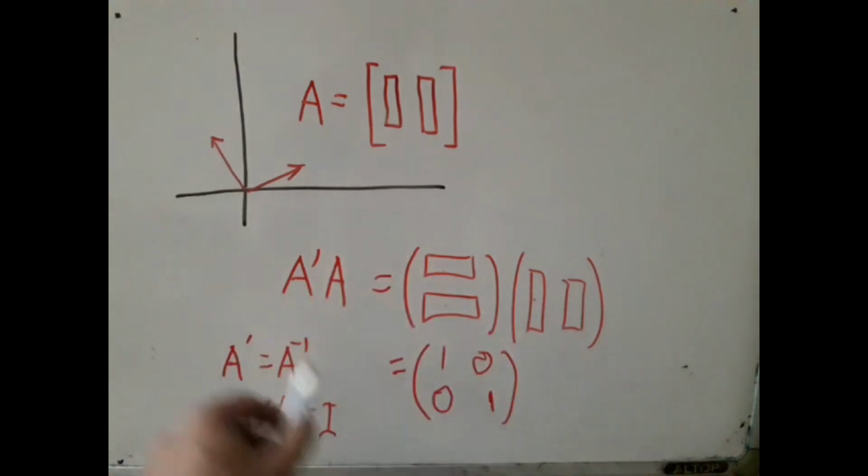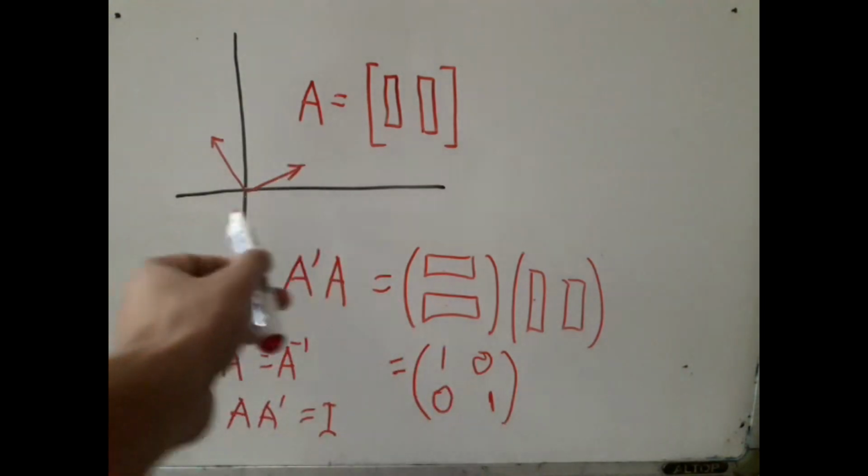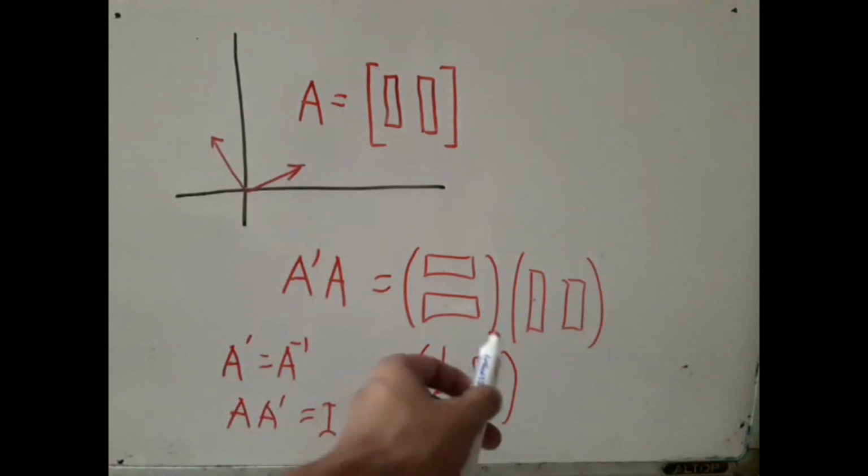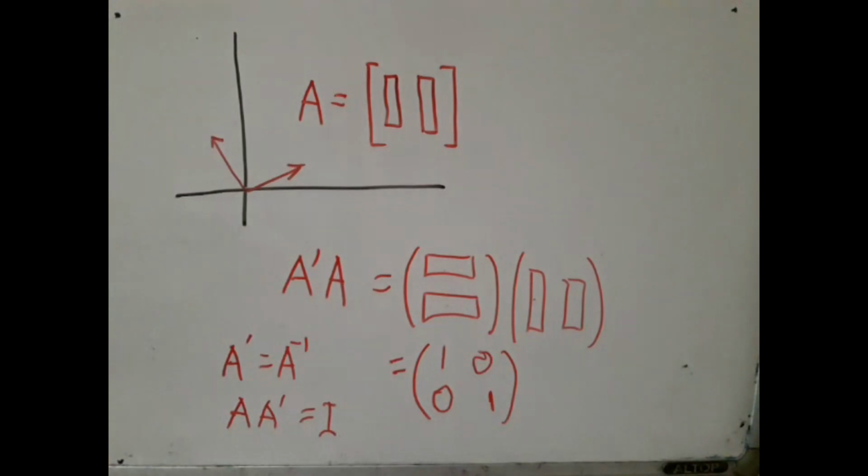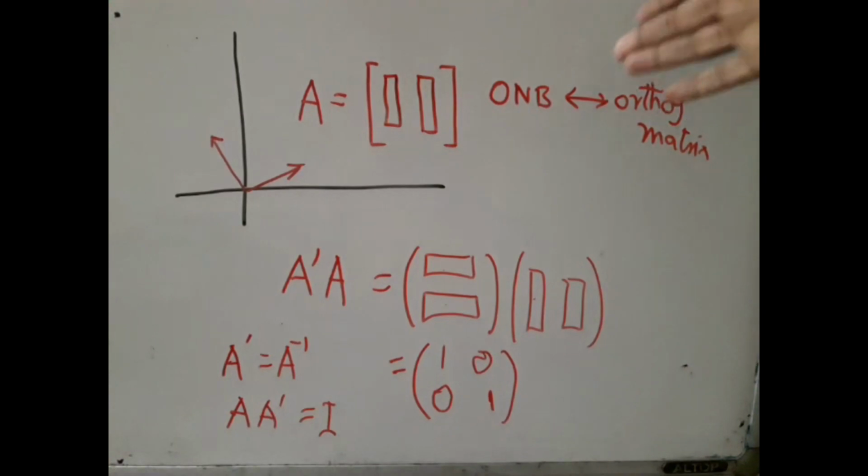So this condition packs two types of things. The diagonal entries tell you that the lengths are 1, and the off-diagonal entries tell you that they are mutually orthogonal. In other words, ONBs and orthogonal matrices are basically equivalent concepts. This is stated in terms of vectors, and this is stated in terms of matrices.